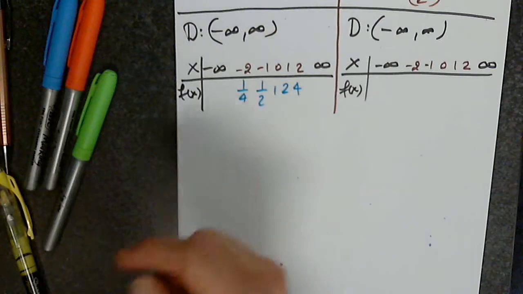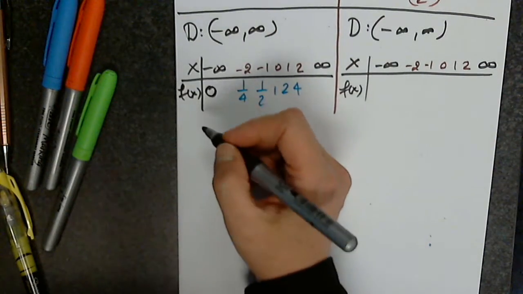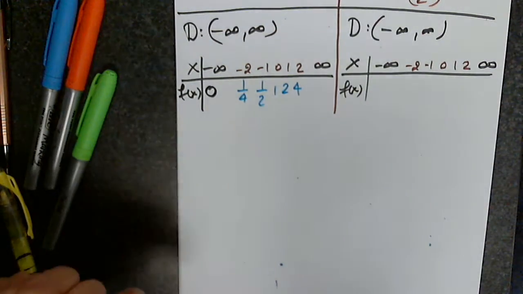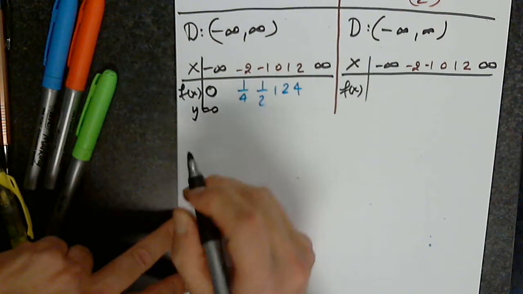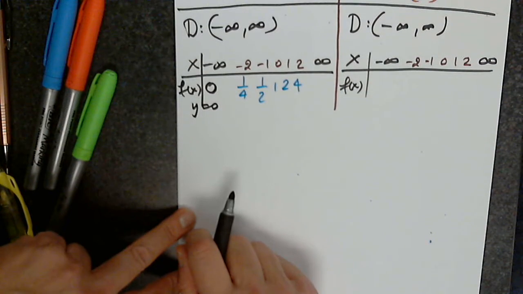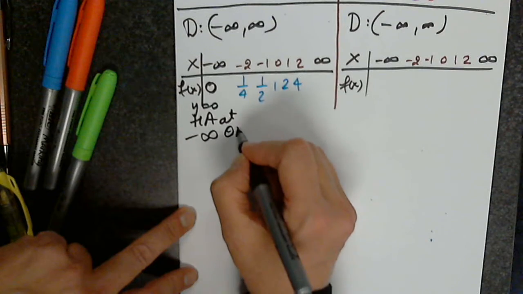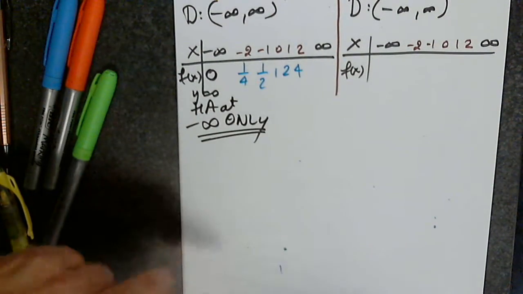Thank you. What does this mean? When a function on one side approaches y equals 0. What does this mean? I already said it. Y equals 0 is, yes, at negative infinity only.